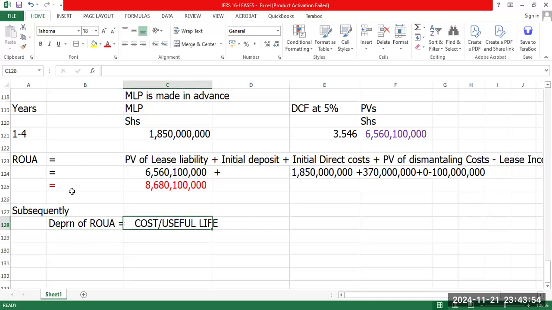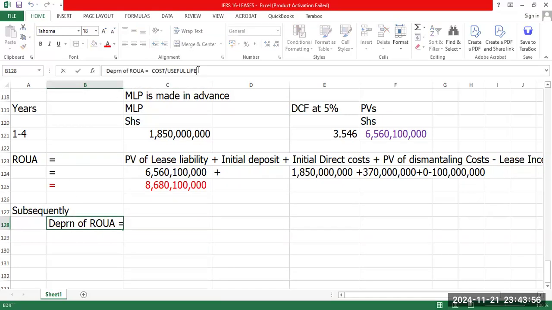Here, over the lease term. Depreciation of right of use asset is equal to cost over lease term.